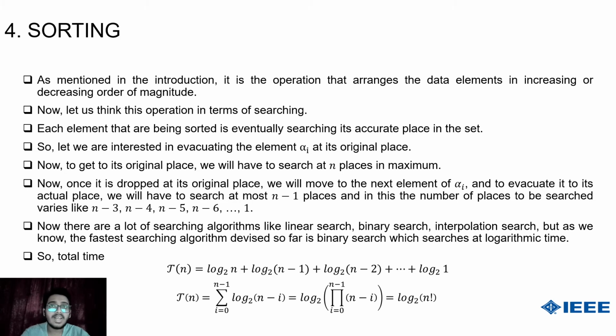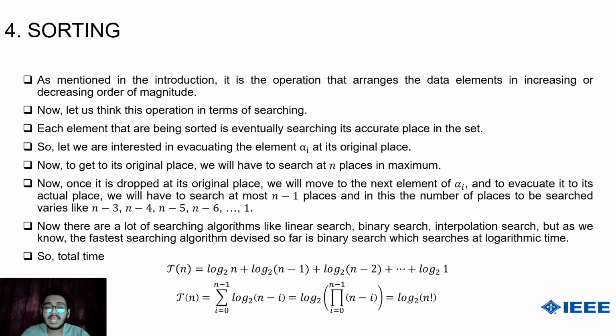To find that jth position, the ith element will have to search among n places. Likewise, the next element will have to search among n minus 1 places, and it goes on with continuous decrementation.